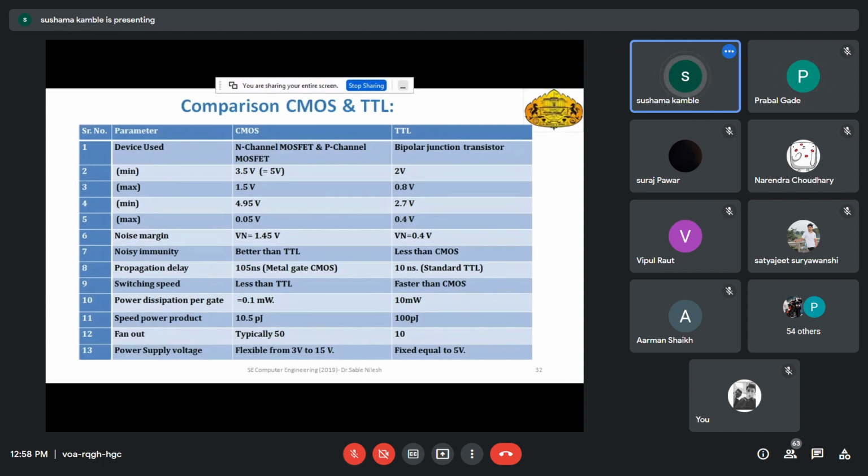What does it mean? Did you understand the statement? I'm saying you can use a fan out of 10 for CMOS to CMOS connection. What does it mean?